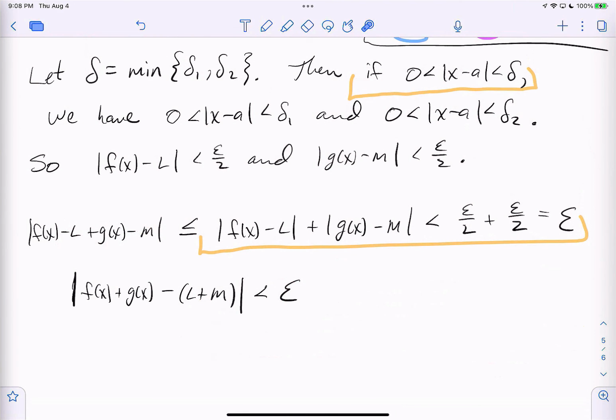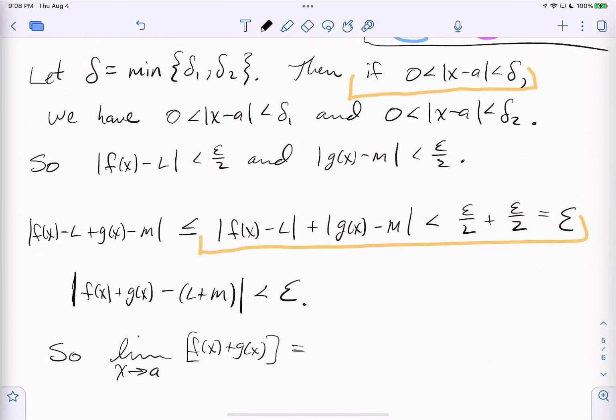Now, if x minus a in absolute value is less than delta, then the absolute value of f plus g minus L plus m is less than epsilon. And that exactly fits the definition of a limit. So the limit as x approaches a of f of x plus g of x is equal to L plus m.